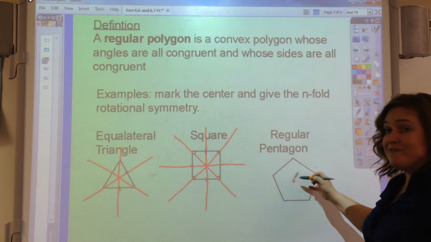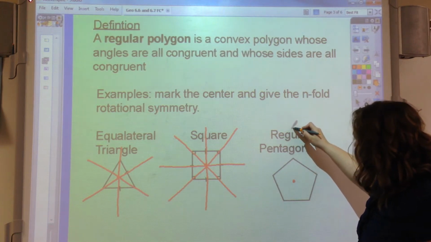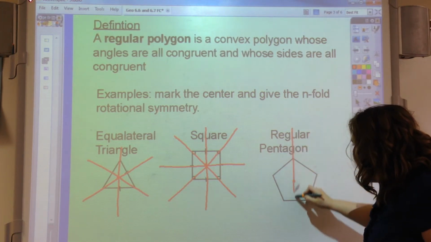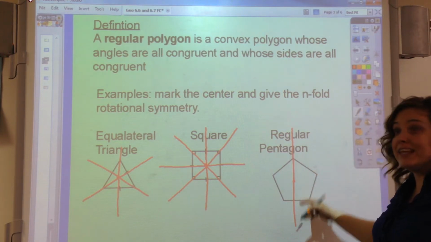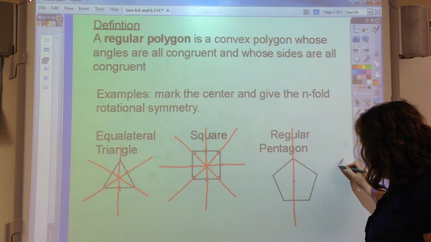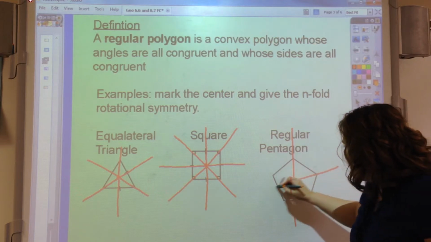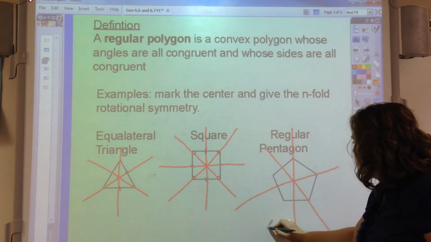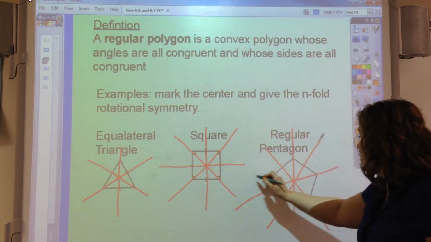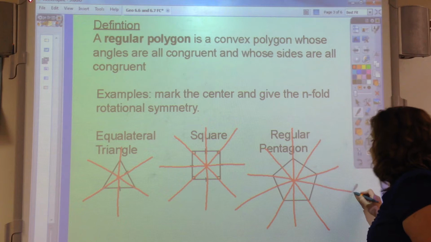Hopefully you're estimating 5. And notice whenever I draw this line here, it's going to bisect this angle and be the perpendicular bisector of the length opposite it. So here's my first line of symmetry, my second, my third, my fourth, and finally my fifth line of symmetry.